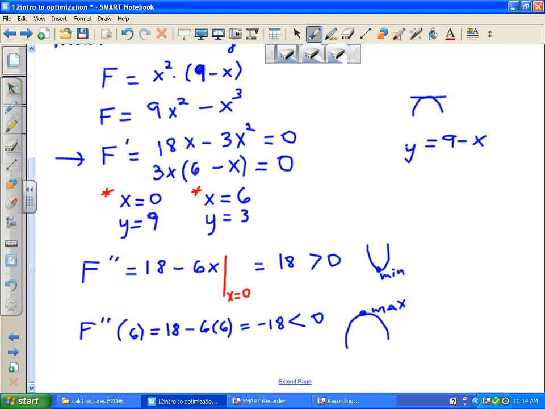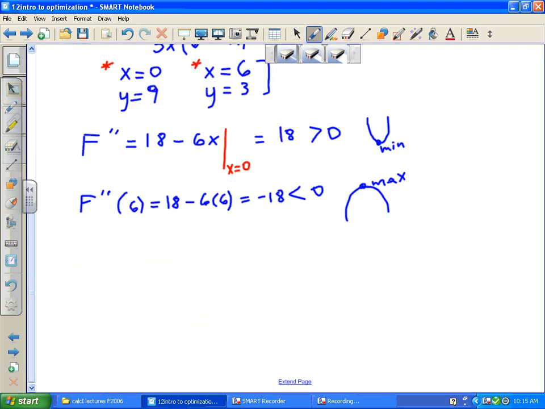Okay? So we want to keep the 6, which comes, of course, with the pair of 3 as the second number. So we're saying that if the first number is 6 and the second number is 3, you will have the largest possible function f. And what would be the largest possible value of f in this case? If x is 6 and y is 3, remember the function was you multiply the square of the first times the second, right?